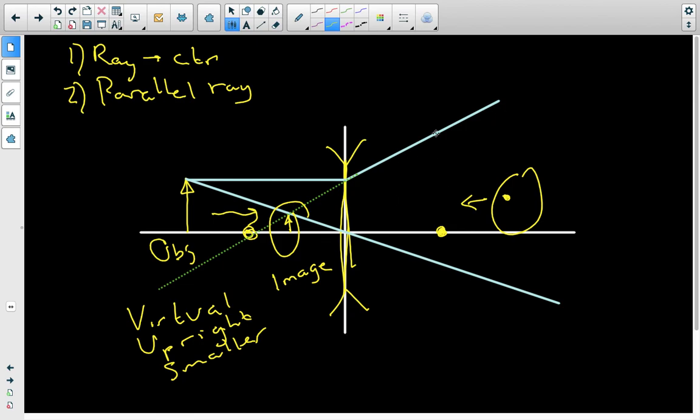If the 2 rays intersect, you draw the image. If not, you extend backwards. If they don't intersect, extend angled lines only. Okay, and then finally you draw the image.